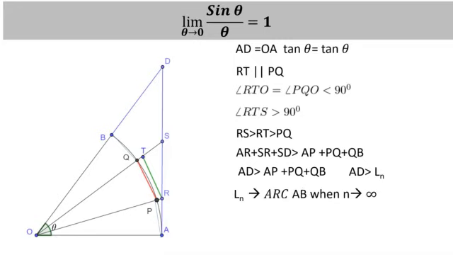But what is ln? If we divide OAB into a very large number of parts, that is n tends to infinity, then ln will become the arc AB. So we can say arc AB is less than the line segment AD. Now arc AB we know is theta, and we know AD is equal to tan theta. So we can say tan theta is greater than theta.